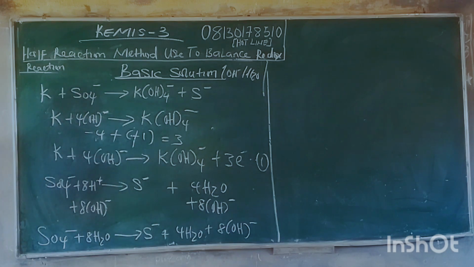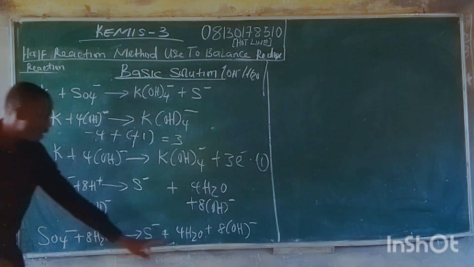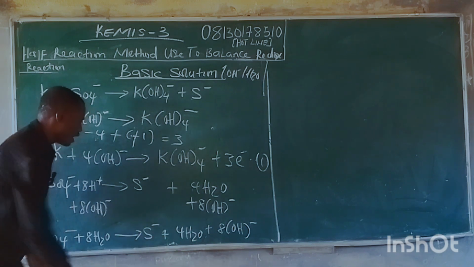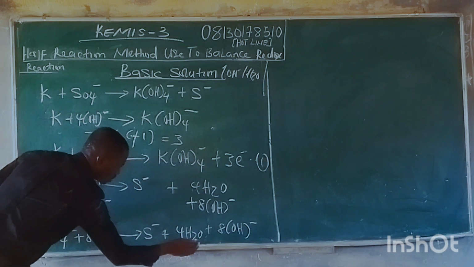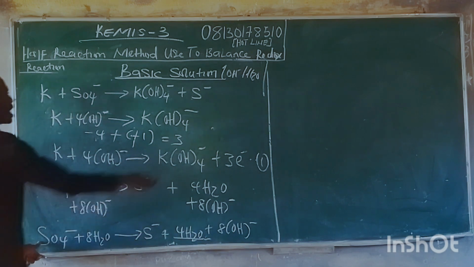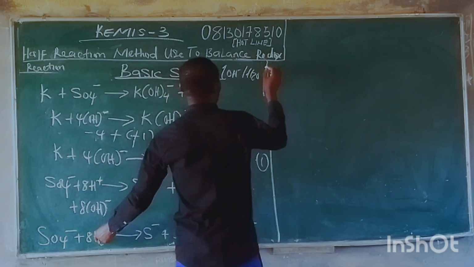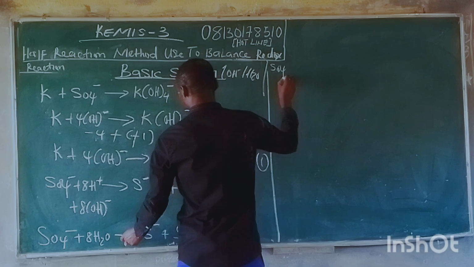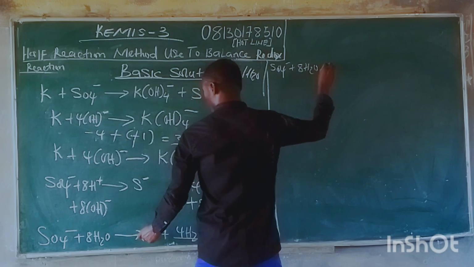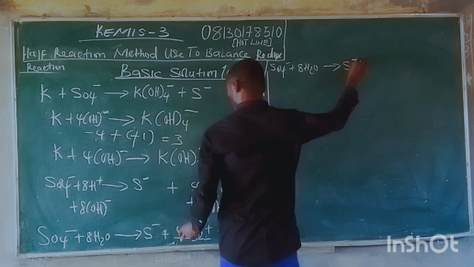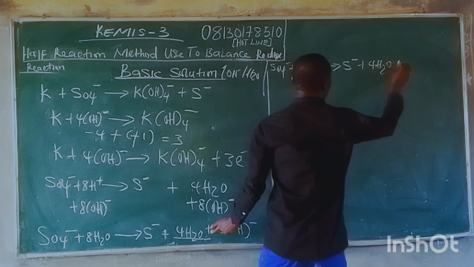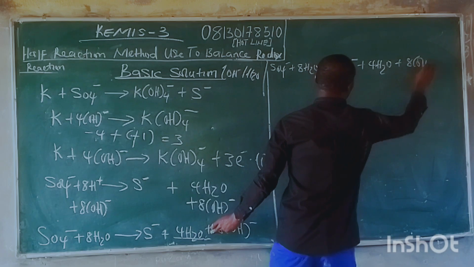Now, if we look at this equation, we have 8 molecules of water, 4 molecules of water. Let me bring out this equation to this side. Let's say we have SO4 minus plus 8H2O gives me sulfur plus 4H2O plus 8 hydroxyl.